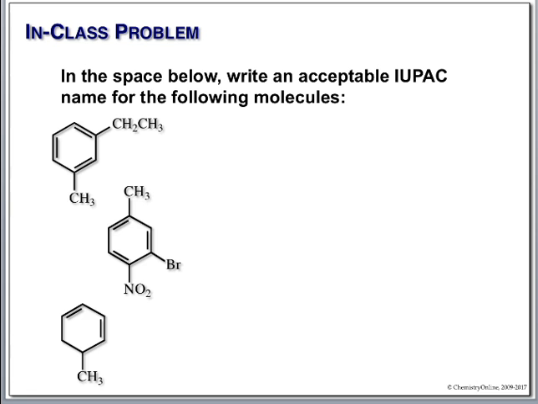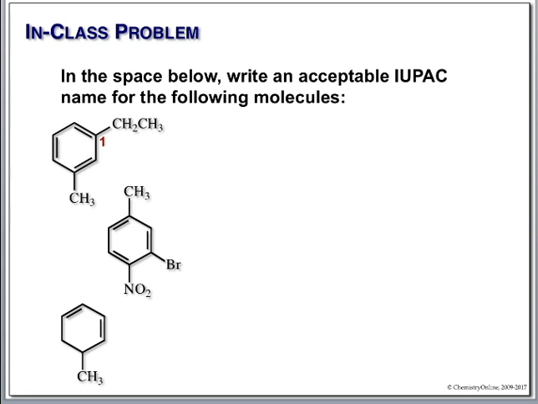When you have a disubstituted benzene, the first thing you have to do is figure out where carbon number 1 is going to be. Now, we're going to name this as a derivative of benzene. So we have an ethyl group and we have a methyl. Alphabetically, the ethyl group is going to win. So this is going to be our carbon number 1.